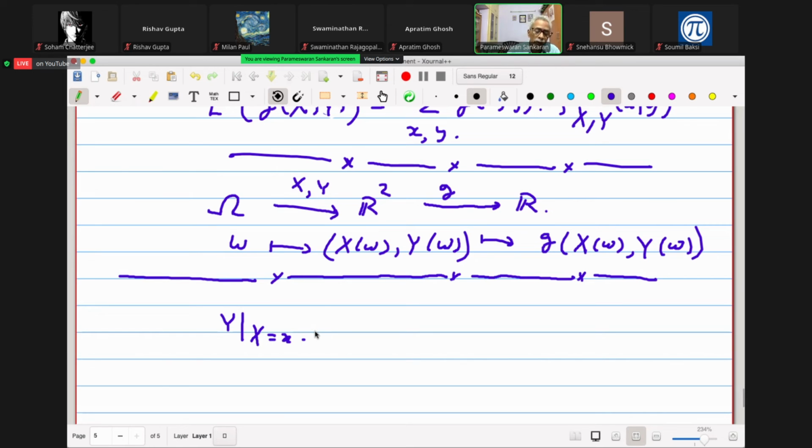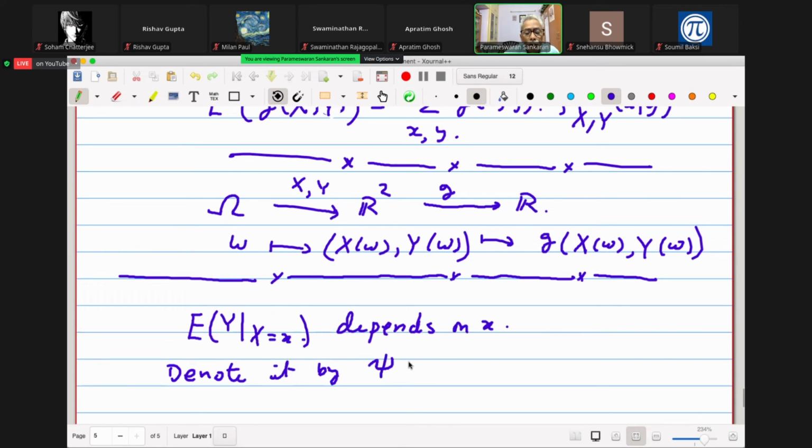It is a random variable on the same space omega. As a random variable, I can talk about its expectation. The moment you take expectation, it's a number, but it is a number that depends on x. So denote it by psi of x.